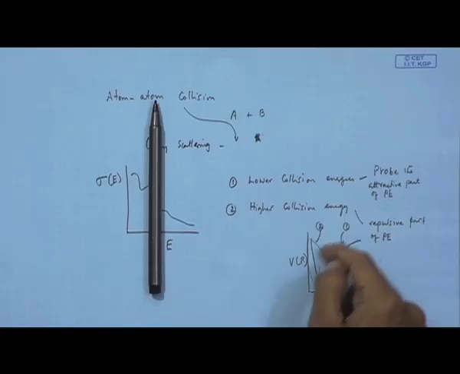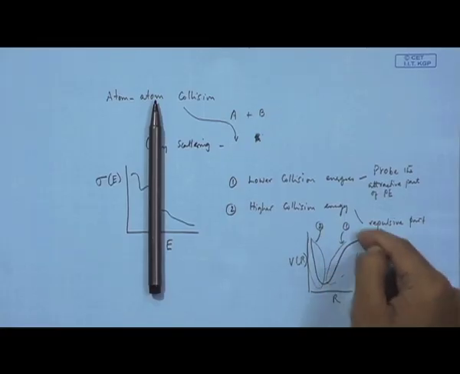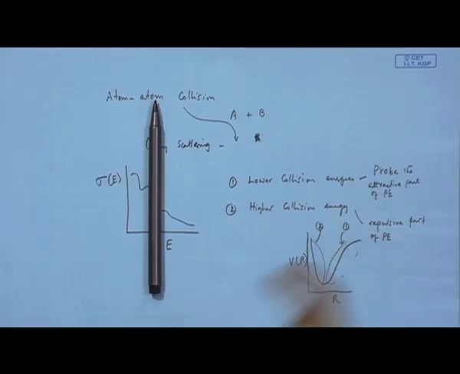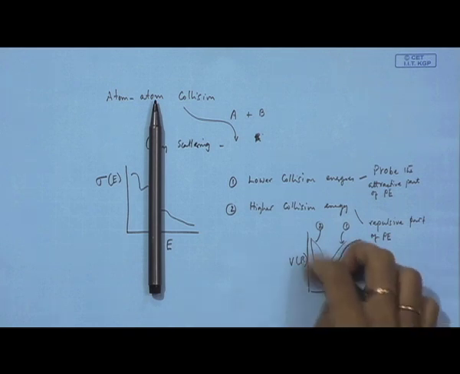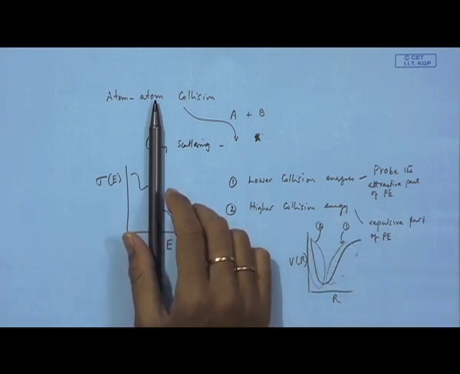This frequency of oscillation is very much dependent on the collision energy. At low collision energy, whatever oscillations we get, we will correspondingly be probing into this part, that is the attractive part. In the same way, higher collision energy will be probing into this part.